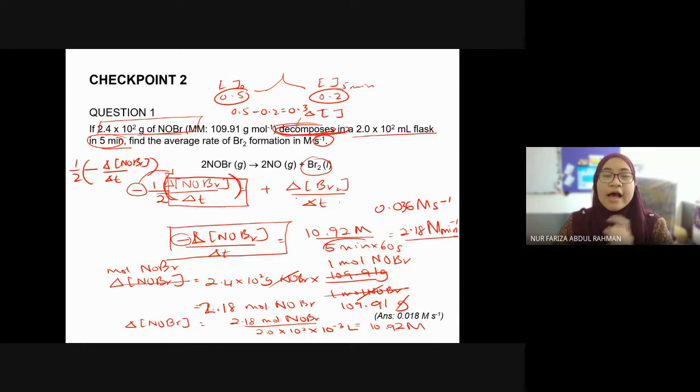And remember I said there are two ways. So this is the first way I showed. The second way is the moment you see that this is for a reactant, and this is the rate, you can add the negative here. You can make it negative 0.036 molar per second.